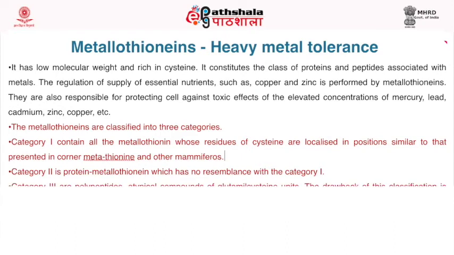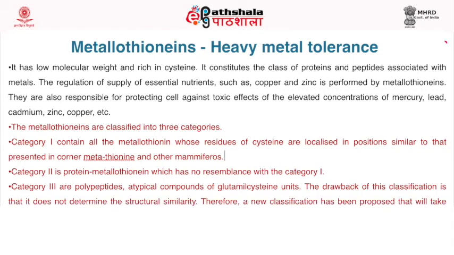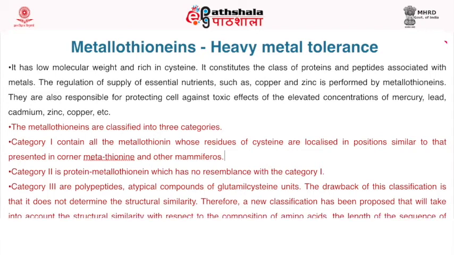Category 2 is metallothionein proteins which have no resemblance with category 1. Category 3 metallothioneins are polypeptides, atypical compounds of glutamyl cysteine units. The drawback of this classification is that it does not determine the structural similarity.